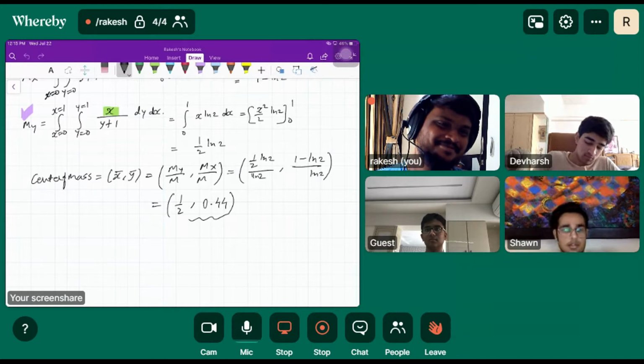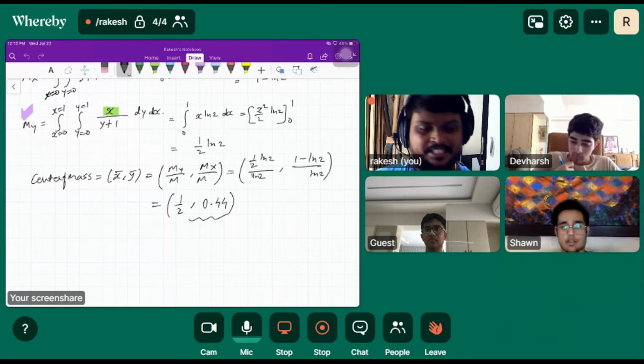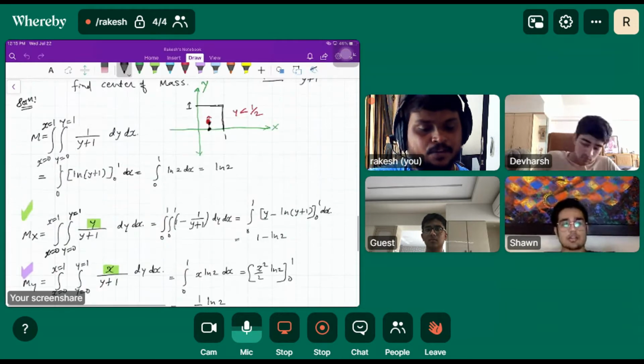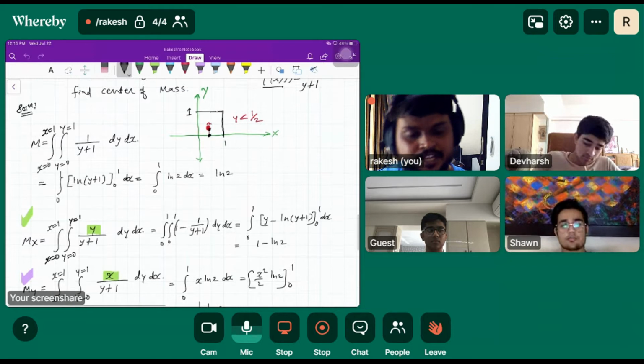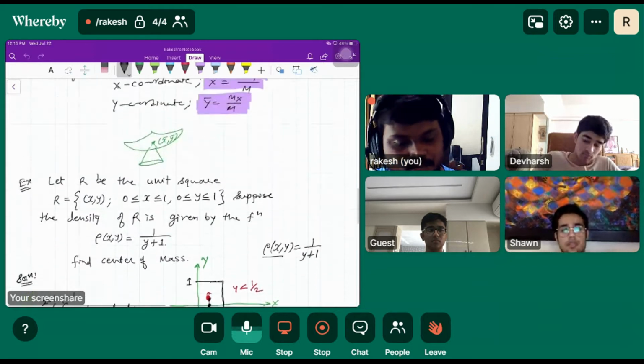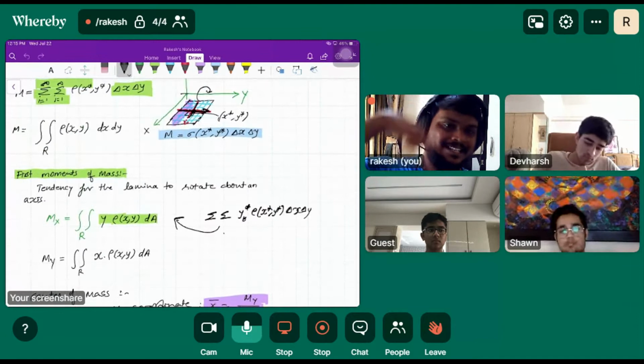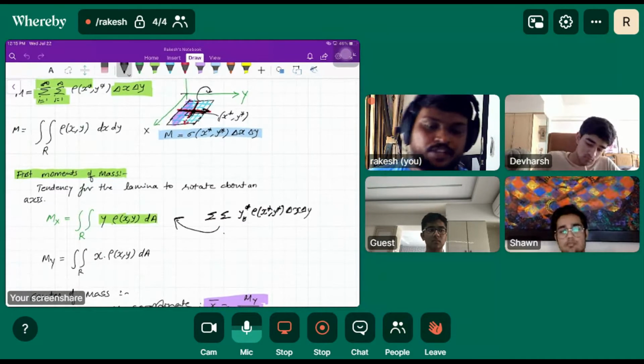Yes, I understood. Can you just re-explain the mx and my? See, mx and my are the moment of mass about an axis. If you consider mx, mx is the moment of mass about the x-axis.